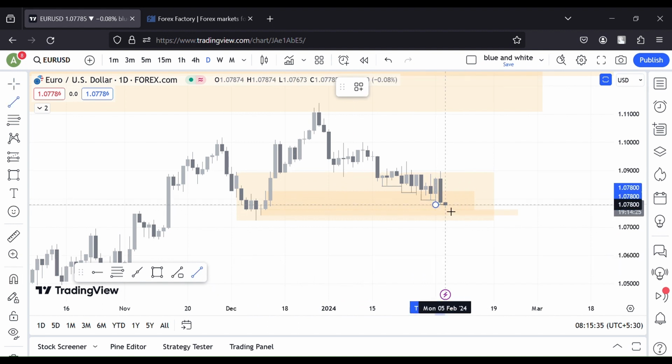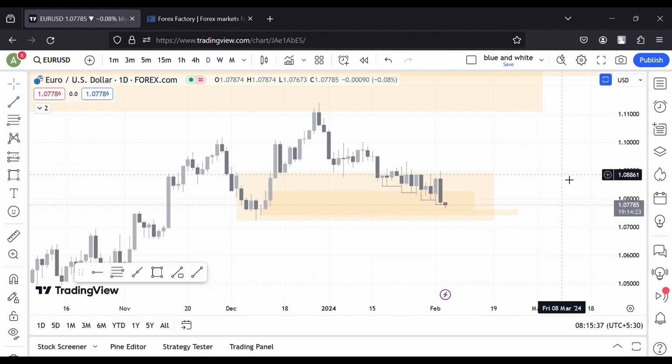This shows us a slowdown in the price towards the downward direction, so most likely I will be anticipating the price to move into the upside direction since it's in the weekly order block and also in the daily order block, which is inside the weekly order block, and the price is sweeping the lows. So the price seems choppy right here.